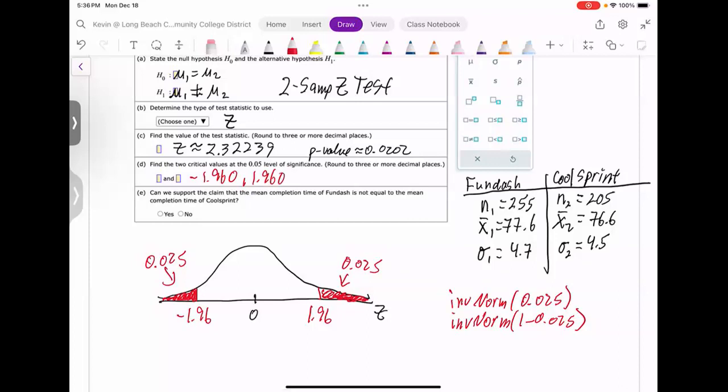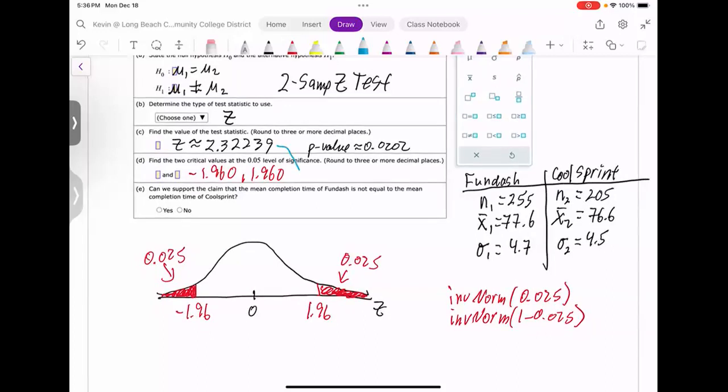I'm going to notice that my z is definitely in the critical region, and we can see that the p-value is definitely less than 0.05. Either way, we are going to reject the null hypothesis.